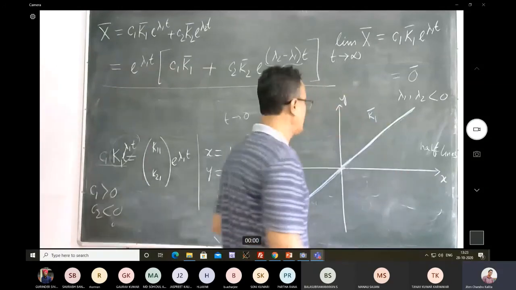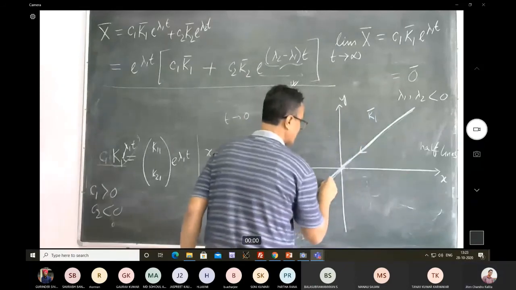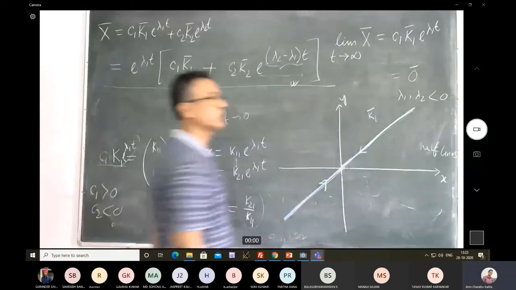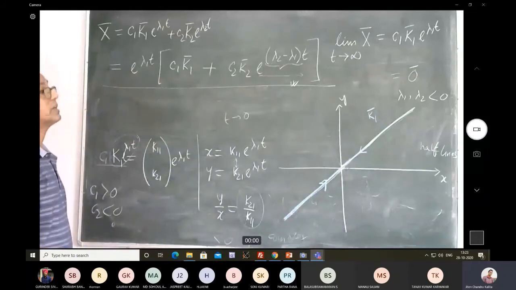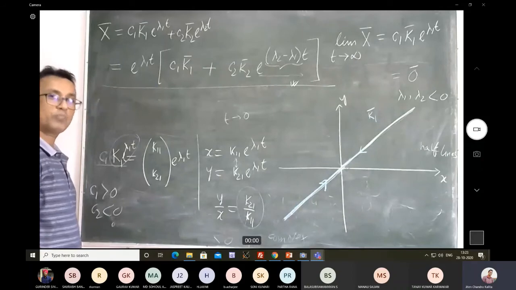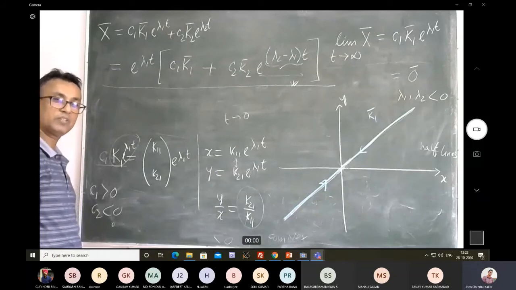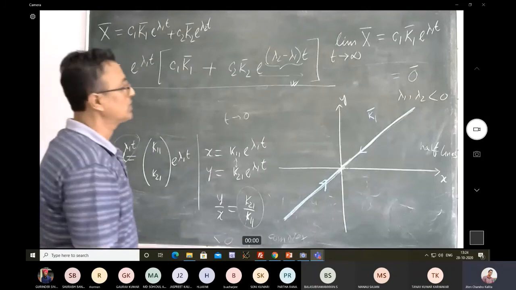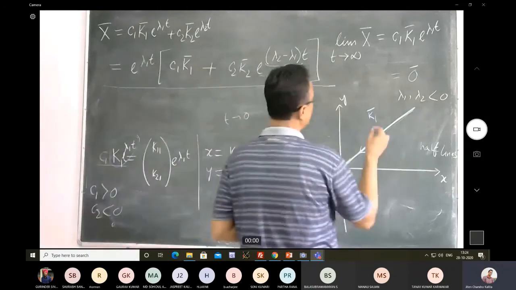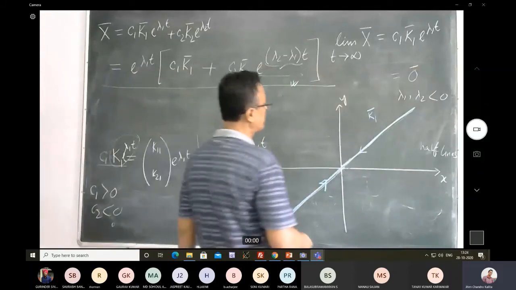Then k1 is going to look something like this, and as t tends to infinity, it is going to approach 0 from both sides. Similarly, there is another vector k2 also.